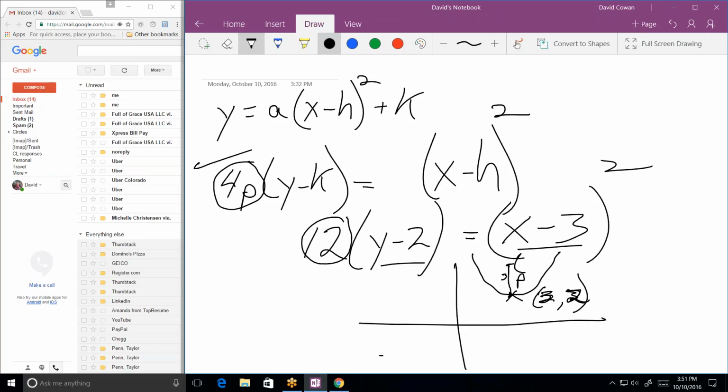So the coordinates of the focus are (3, 5). Now, what is the equation of the directrix, and is it below or above the x-axis? It's below the x-axis. What's the equation of it? y equals -1. Good.